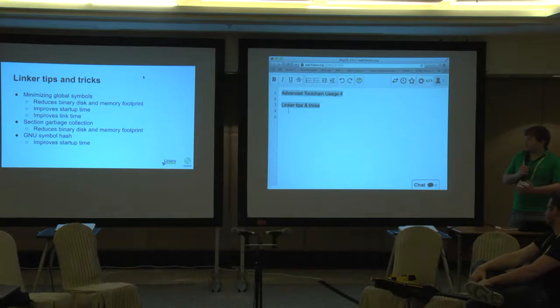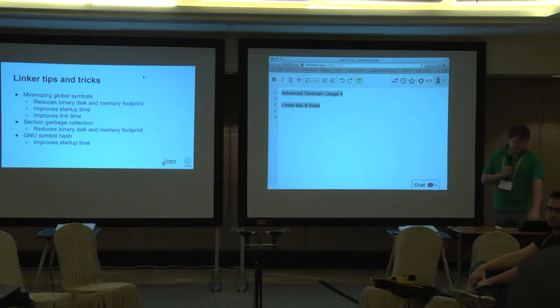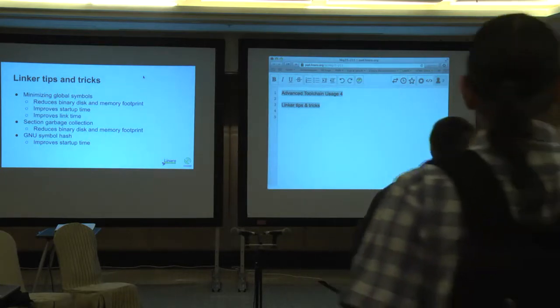Basically, I'll be covering reducing the number of global symbols you've got, section garbage collection, and the GNU symbol hash, which all provide similar benefits, typically improving your startup time and reducing the size of your executables, which obviously can improve performance too.